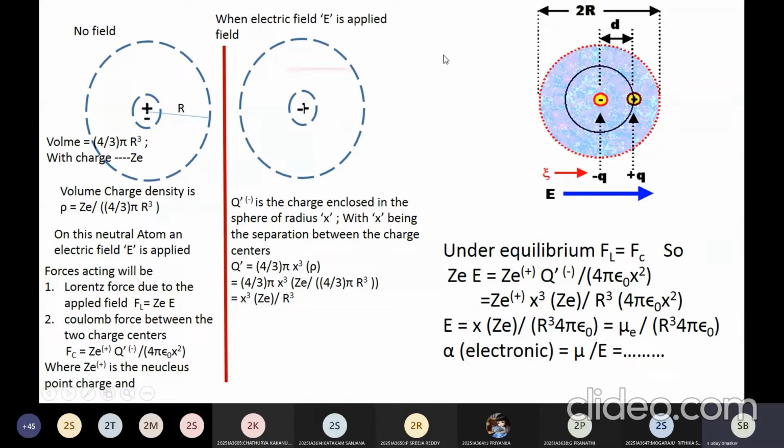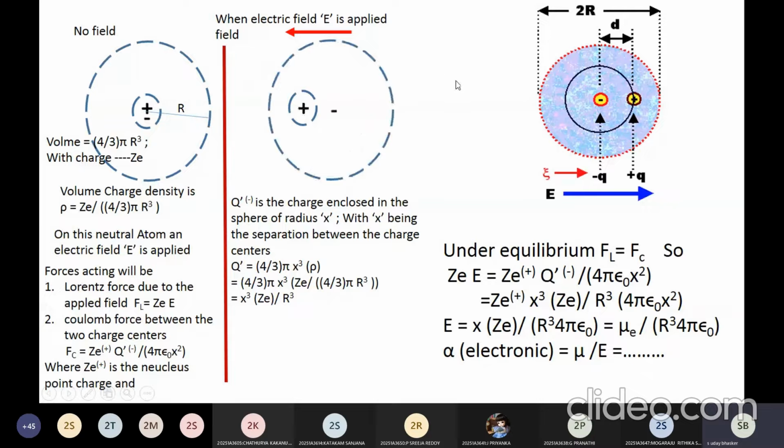When electric field is applied, the negative charge center and the positive charge center get separated, and the separation, let me consider as X. Because of this separation, there will be some charge within this particular spherical surface, which will be attracting the positive charge.